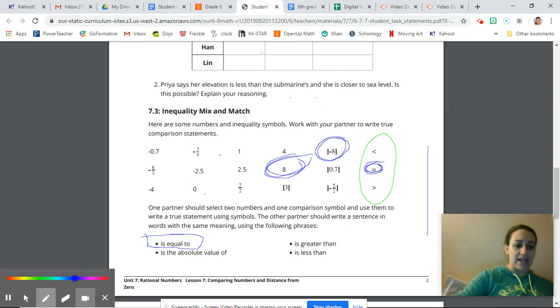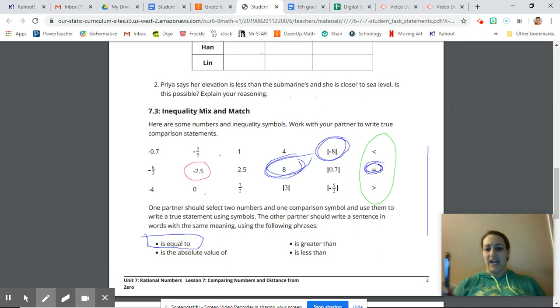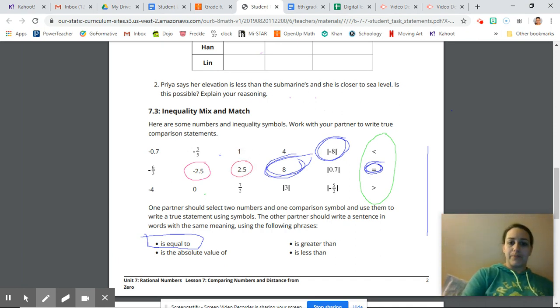I'll give you one last example before I call it quits here, where let's look for one where maybe we can use this greater than or less than. And I'm going to grab this -2.5. Okay, 2.5 in the negative direction is going to be backward 2.5. So if this is 0, I'm going to go backward to the left 2.5. If I also pick 2.5, another 2.5, but this one being a positive, well, one of those is greater.